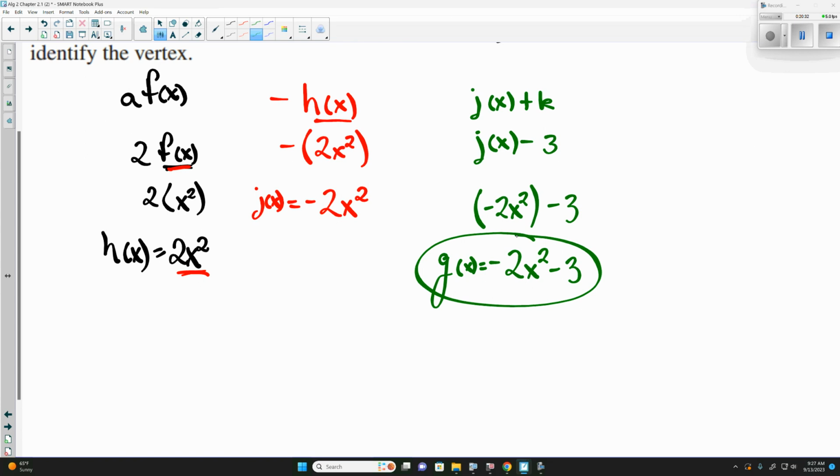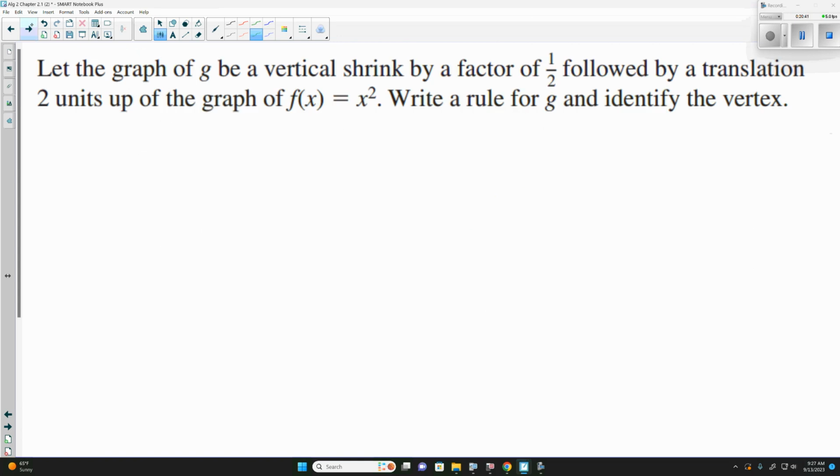Questions on any of this here? We're ready for the next one. And again, with any of these here, we take it one at a time until we've done all the transformations.